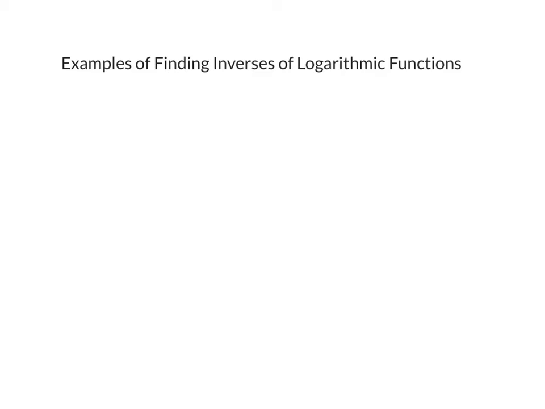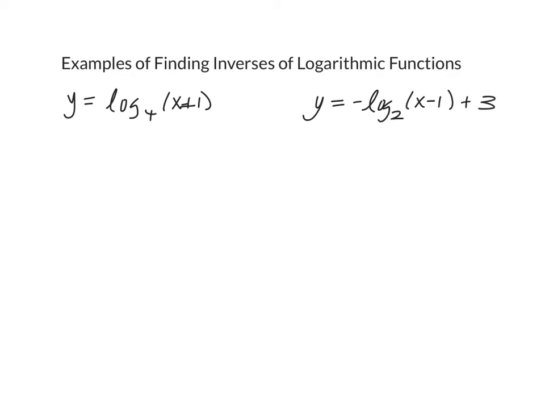So the two problems that we're going to look at are y equals log base 4 of x plus 1, and then we also want to look at y equals negative log base 2 of x minus 1, plus 3. That second one is a doozy, but we can do this one. So to do the first one, again, you want to switch it to exponential form.